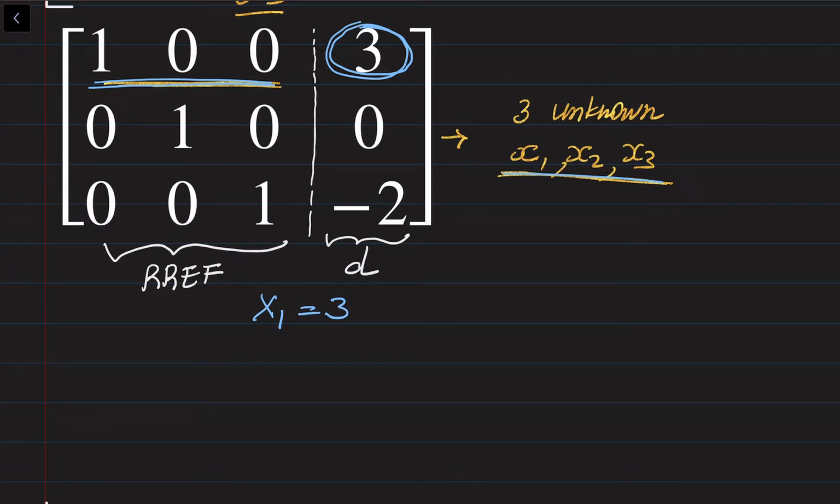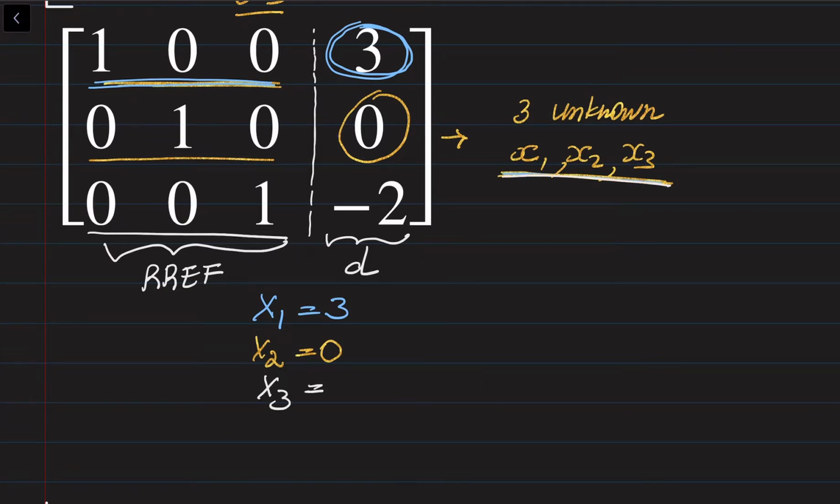Now if you go to the second row, it's going to be 0, 1, 0, multiplied again to this vector, what we get is essentially x2, and this should be equal to this 0. Now if you go to the third row, it's going to be 0, 0, 1. If you multiply this to this vector again, it's simply x3, and this should be equal to this constant from the right-hand side part, which is equal to minus 2.